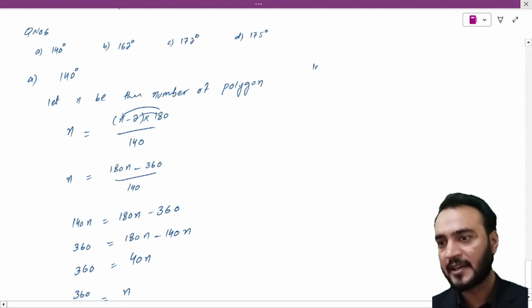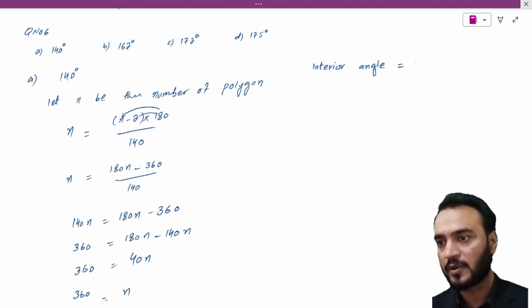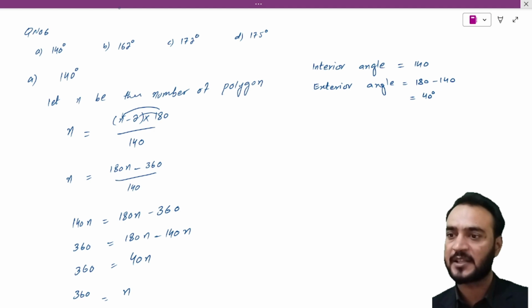The interior angle is equal to 140, and to find the exterior angle, we subtract the interior angle from 180. Subtracting 140 from 180, we get 40 degrees, which is the exterior angle.